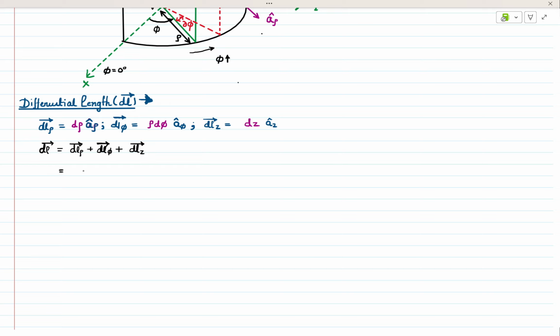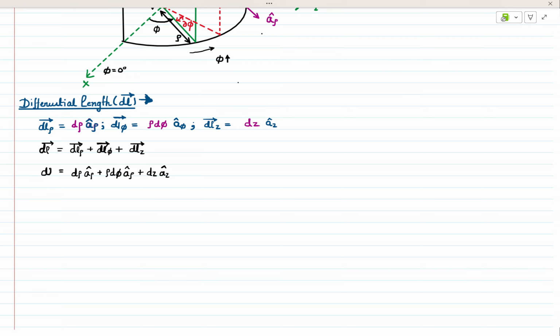That will be d rho a rho plus, substituting all three values, rho d phi a phi plus dz a z.